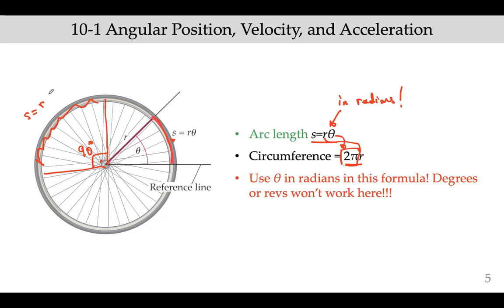So 90 degrees is pi divided by 2 radians. So this distance is r times pi divided by 2. Again, you have to use radians in this formula. In some of the formulas, you will be able to use radians, degrees, or revs, but in this formula, you have to use radians so that you get a correct result.